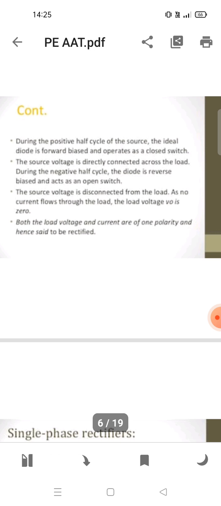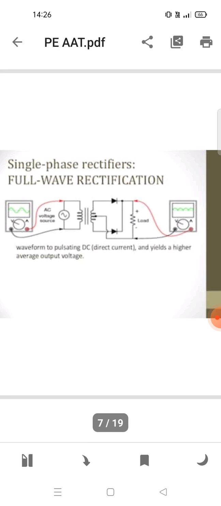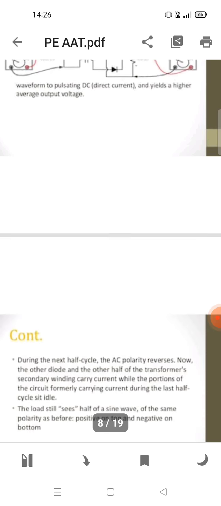The source voltage is directly connected across the load. During the negative half cycle, the diode is reverse biased and acts as an open switch. The source voltage is disconnected from the load as no current flows through the load. The load voltage VO is 0, but the load voltage and current are of one polarity, hence said to be rectified.